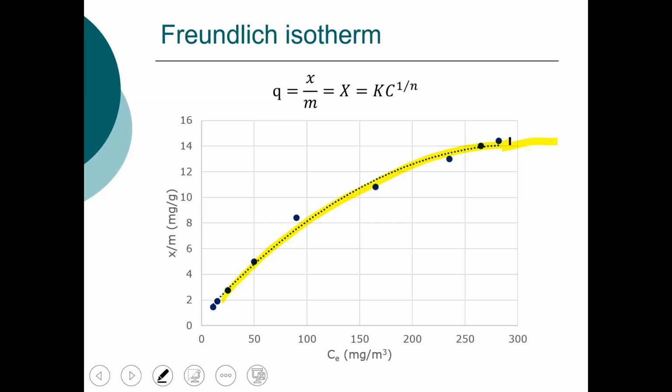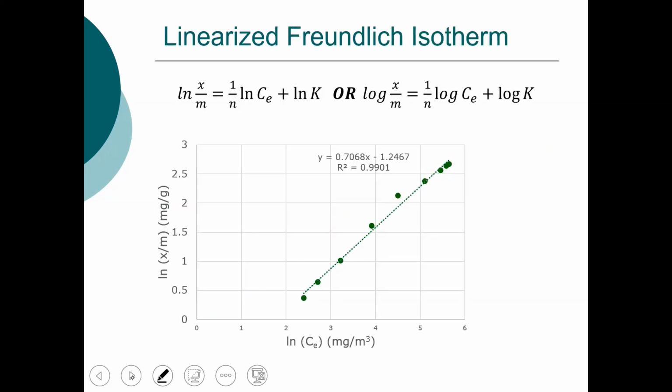It's purely empirical. We typically linearize this using a log relationship. So we take the natural log of X over M, that equals 1 over N times the natural log of the equilibrium concentration plus ln of K.